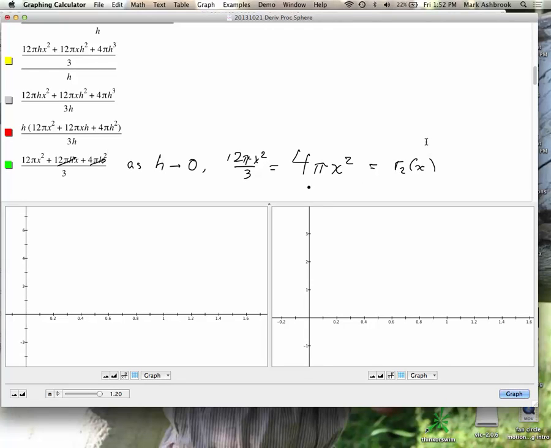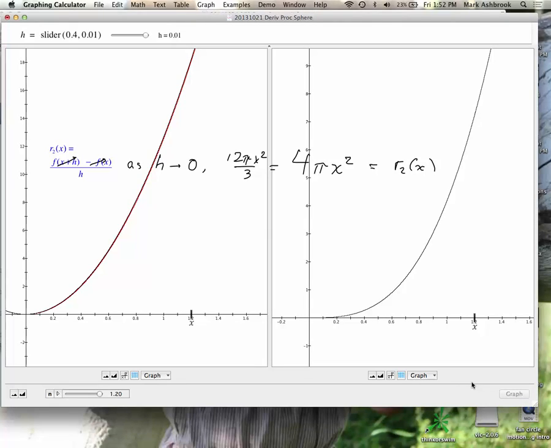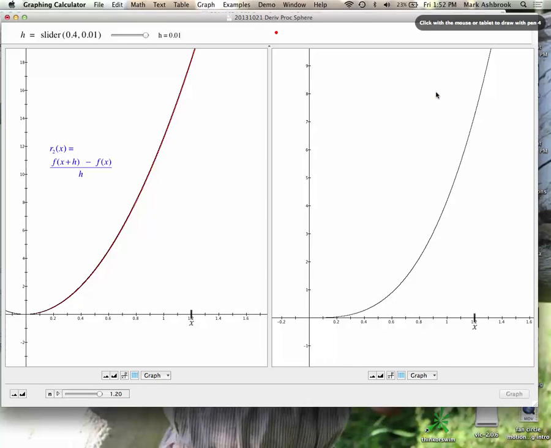So let's go back to the graph. Now we know what this function is. For very small h, R2 of x is 4 pi x squared. When x is 0.8, what's the y value of this point right here?